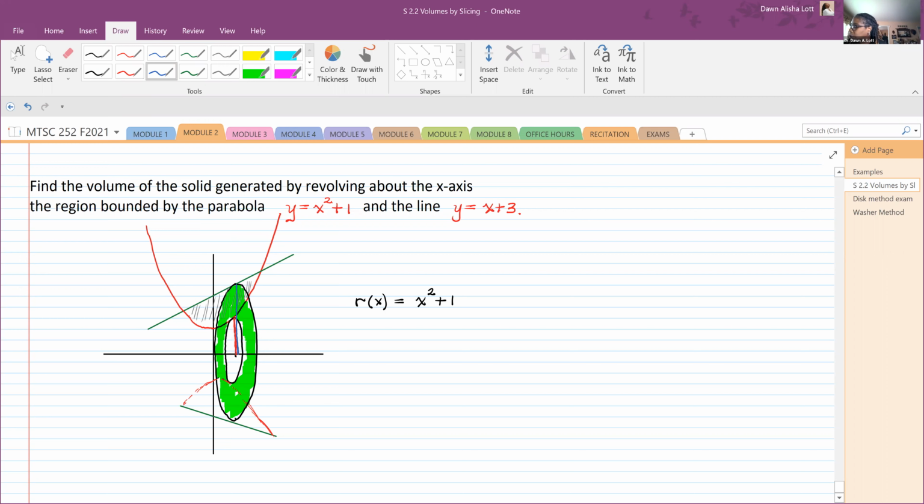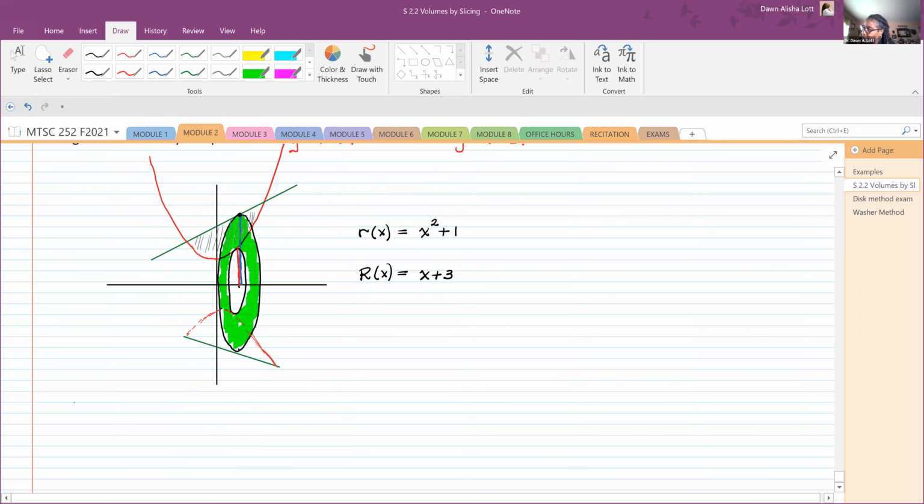And what is the big radius? x squared plus 1. Okay, what curve is it on? Oh, x plus 3. x plus 3.